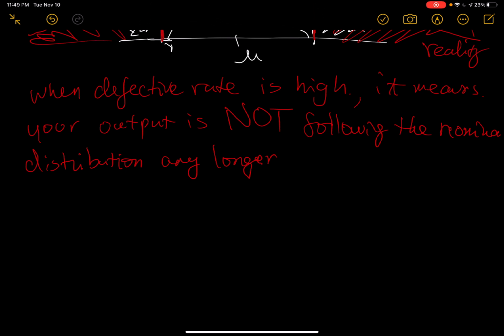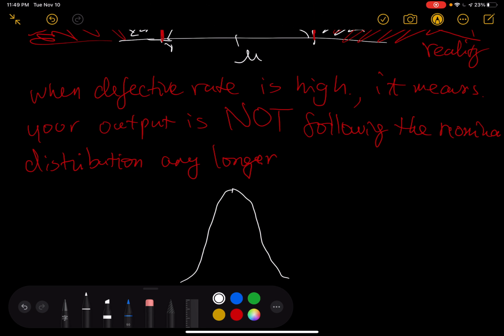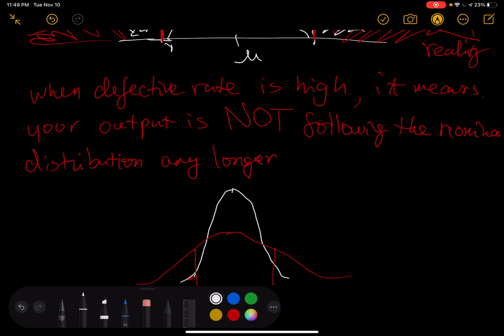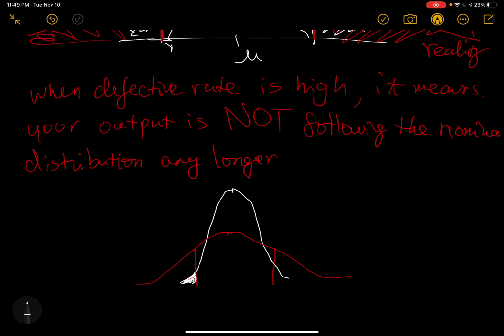Now I'm going to draw again. Basically, here's what's happening. If this is a nominal distribution, and your real distribution is this, and we apply the same rule, the nominal distribution will only have this small amount of defects.